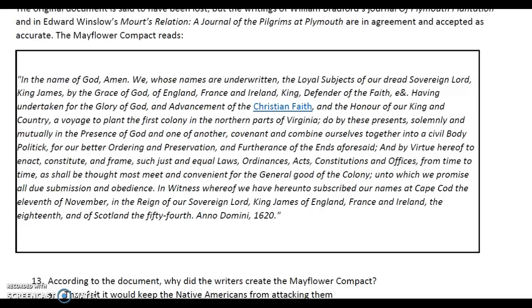In witness whereof, we have hereunto subscribed our names at Cape Cod the 11th of November, in the reign of our sovereign Lord, King James of England, France, and Ireland, the 18th, and of Scotland, the 54th, Anno Domini, 1620."